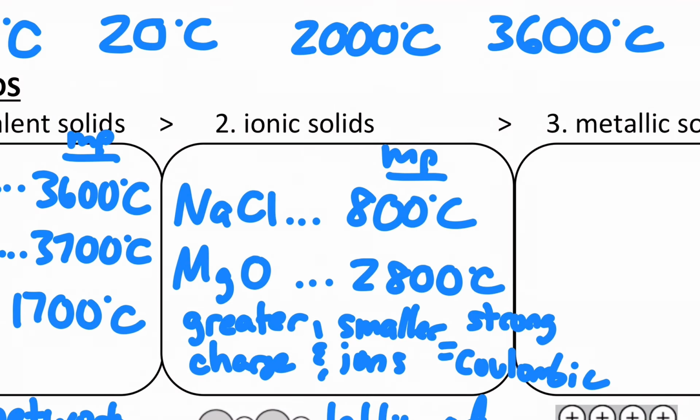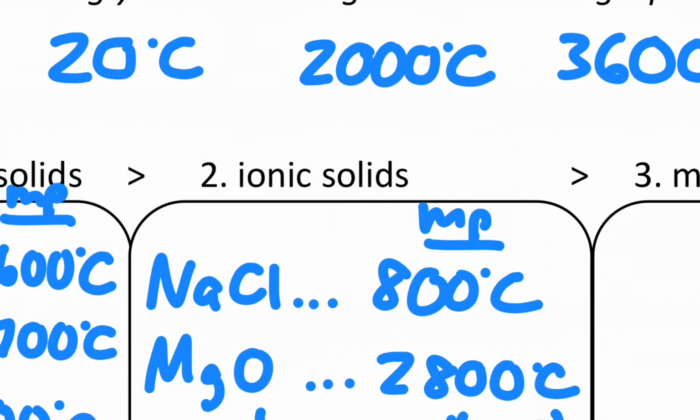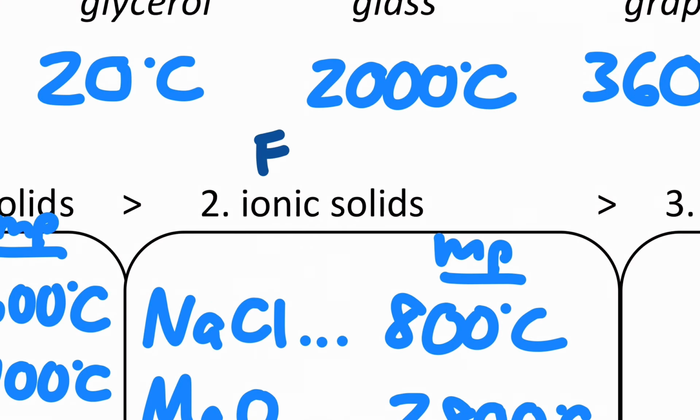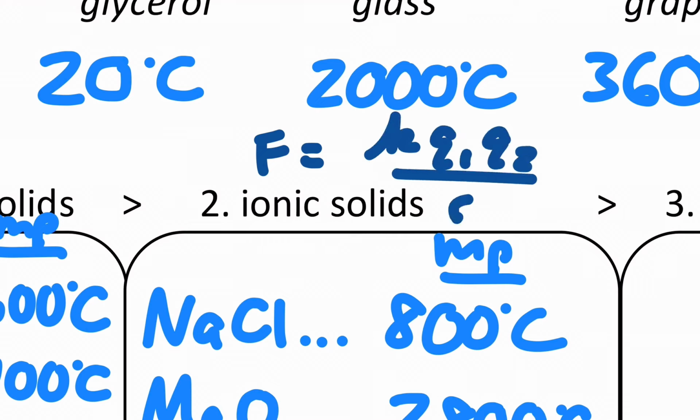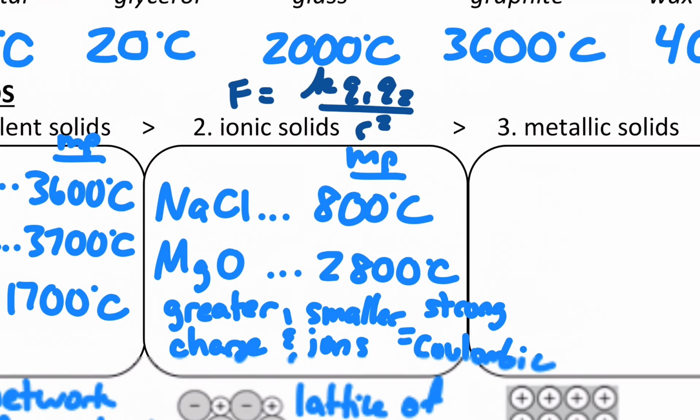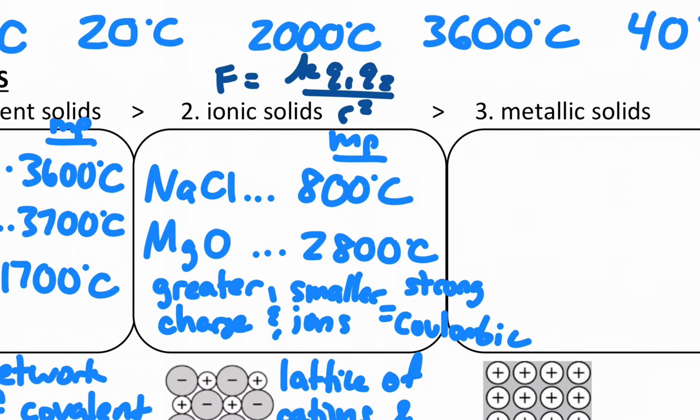Maybe you know from your physics class, there's an equation for Coulomb's law for charged particles. It says that the force of attraction is a constant times the product of two charges divided by the distance that separates them squared. So if they are close together, and if they have big charges, then you have a strong force of attraction, a strong coulombic force of attraction.